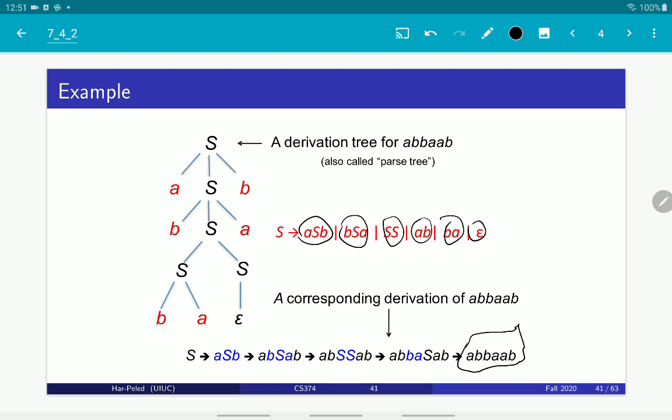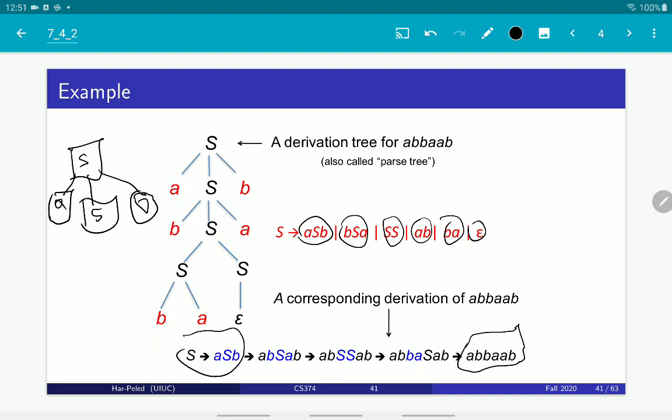The idea is that now we start with a tree. In the beginning, we have the variable S, and then we use the production, for example, S goes to ASB, so we create a leaf A, we create a node S, and we create a leaf B. And we continue expanding in this way. Every time we use a derivation, we put the production string that is derived from the variable as children of the current node.